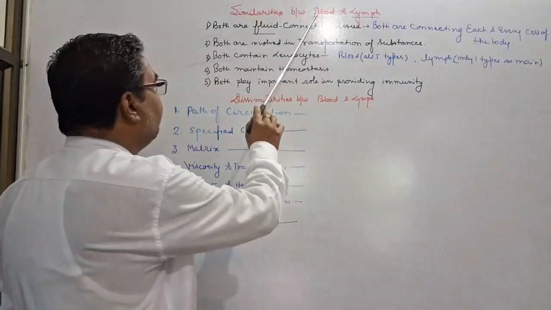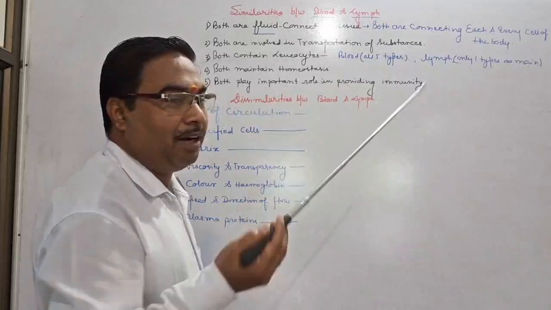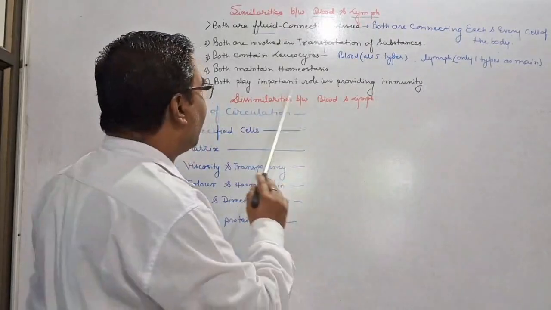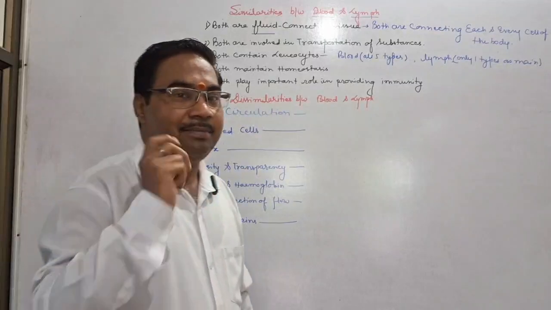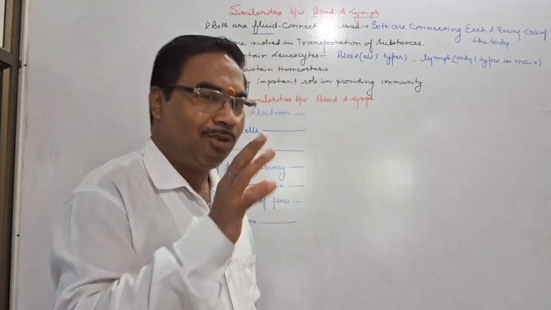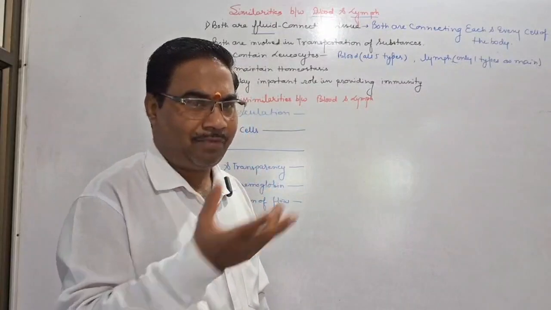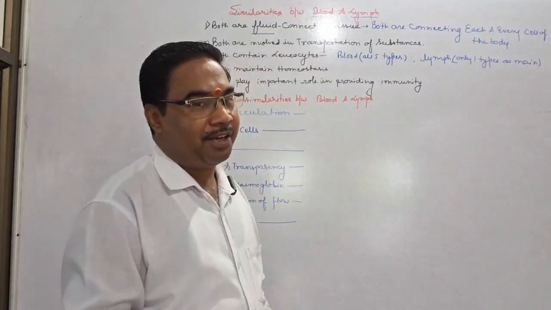Lymph is full of lymphocytes and blood also has lymphocytes, so both provide immunity to the body. These are the similarities. Blood and lymph are both called connective tissue. I taught 5 similarities, and there are some dissimilarities also.